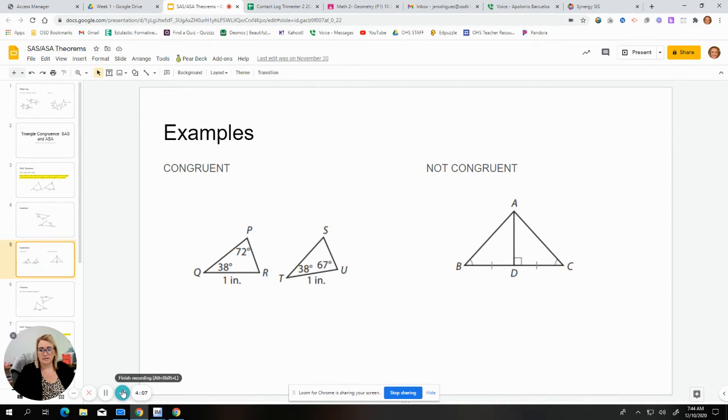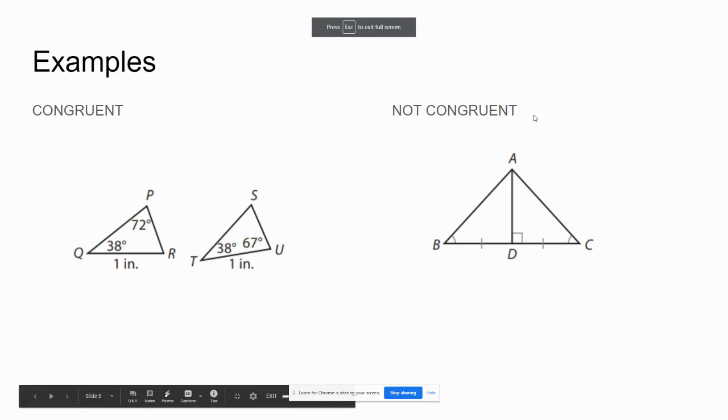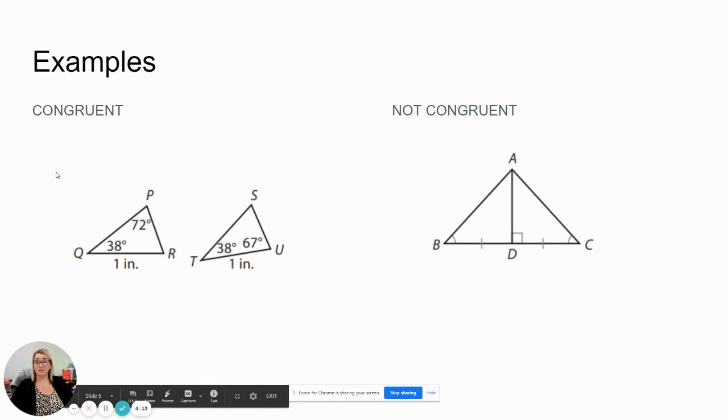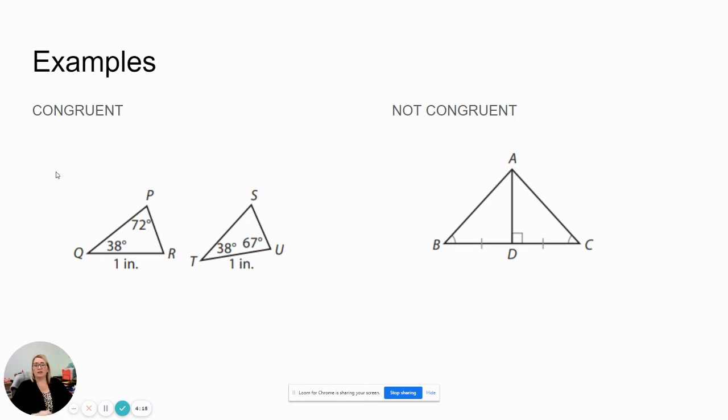Okay, here are two examples. Let me blow them up. This one here to the left is congruent, and you know that by taking 180, subtracting 72, subtracting 38.